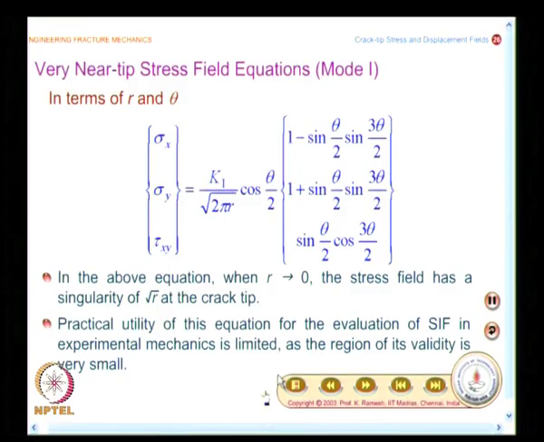We will do all of them, then come to mode 2, look at mode 2, then at length discuss the higher order solution for fracture mechanics. So, we will have to wait until you come to that stage. That is needed if you want to evaluate the stress intensity factor based on experimental mechanics. So, we would do that.